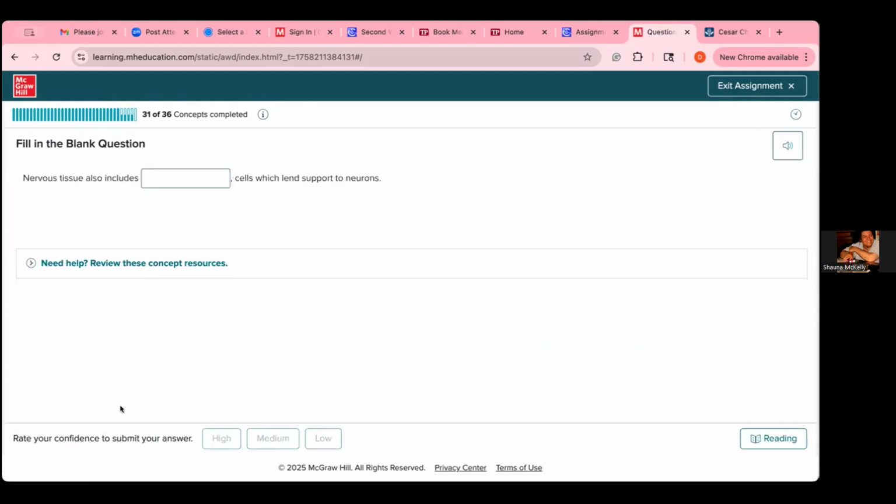Yeah, the order, okay. The nervous tissue also includes glial cells, which lend support to neurons. This word is glial cells.